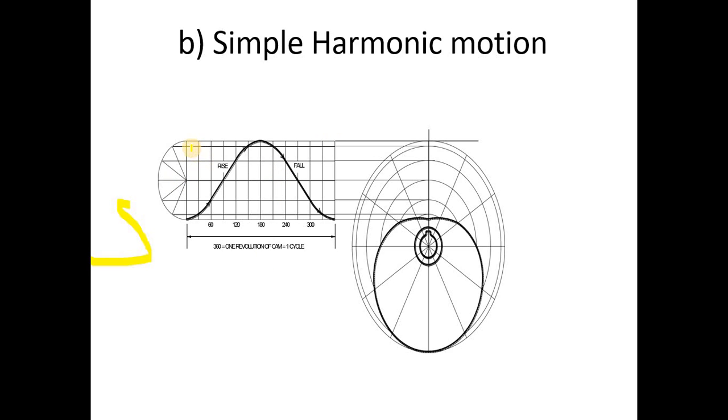Suppose these are 6, 1 2 3 4 5 6. These are the 6 equal parts of the semicircle. So draw horizontal lines from each and every point on the semicircle. Whatever the equal parts of the semicircle, that will be the same for theta rise and for the fall. So for the rise, 1 2 3 4 5 6 parts, for the fall 1 2 3 4 5 6, whatever the equal number of divisions done on the semicircle.